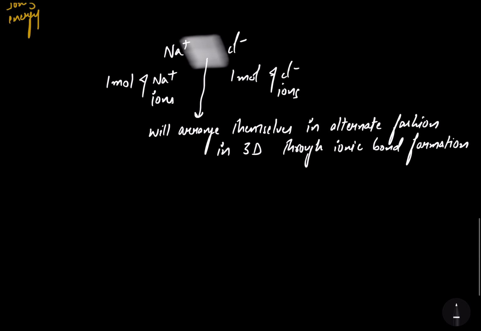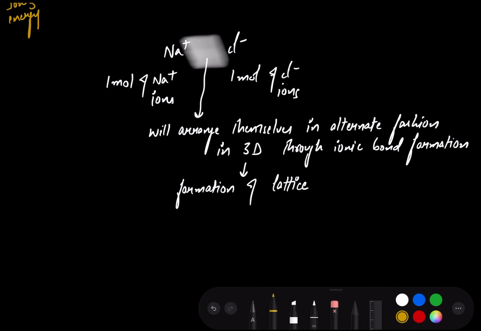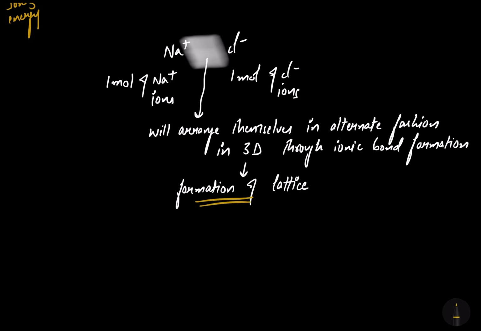This process is called formation of lattice. So the energy is also evolved during the formation of lattice or 1 mole of lattice. So I am writing here the energy is liberated or evolved during the formation of lattice.